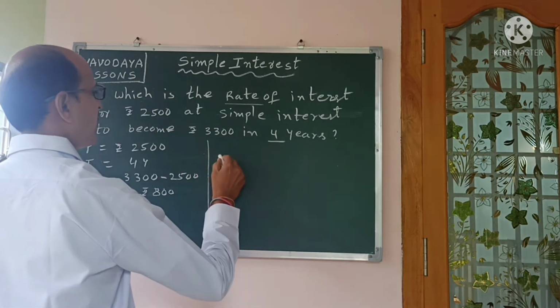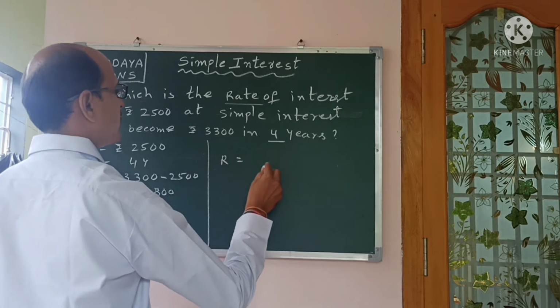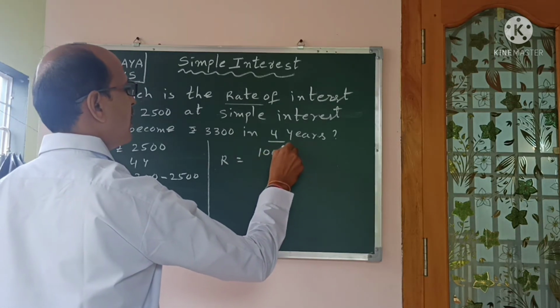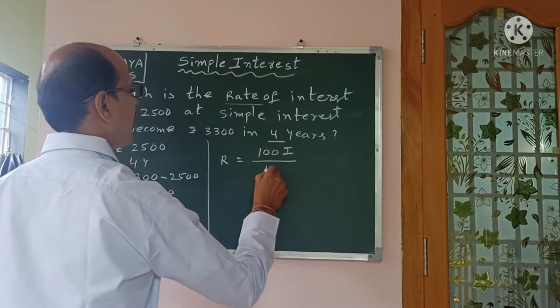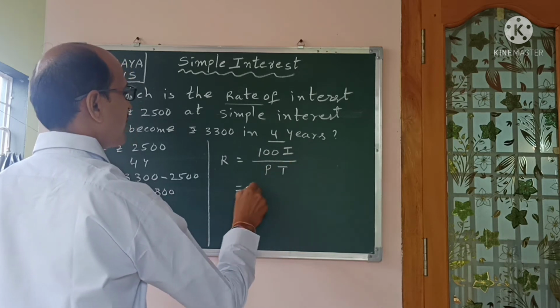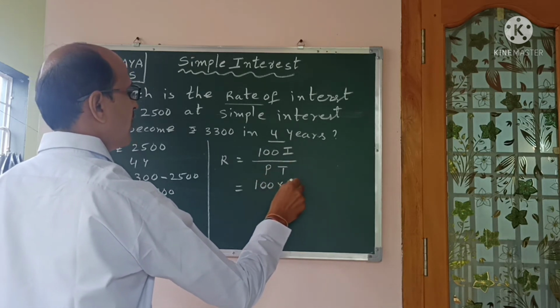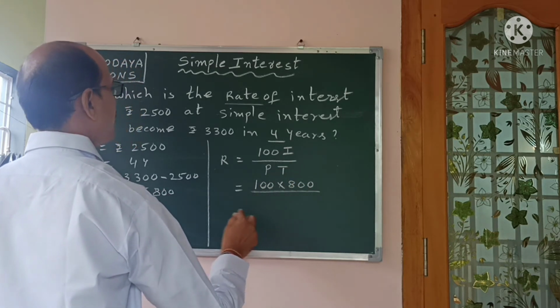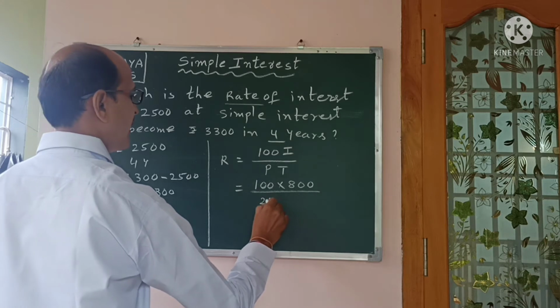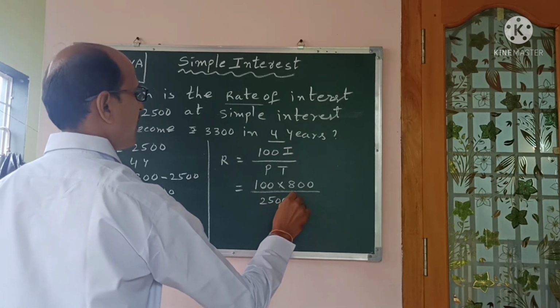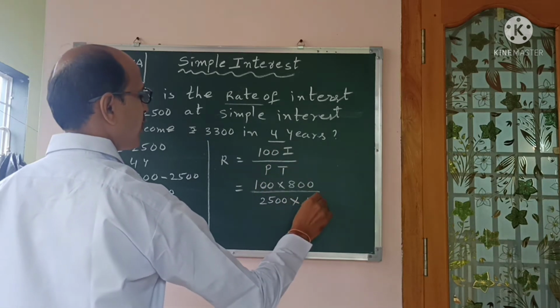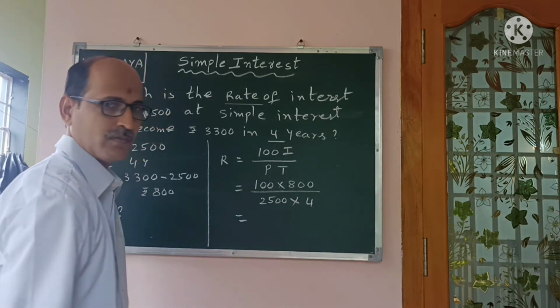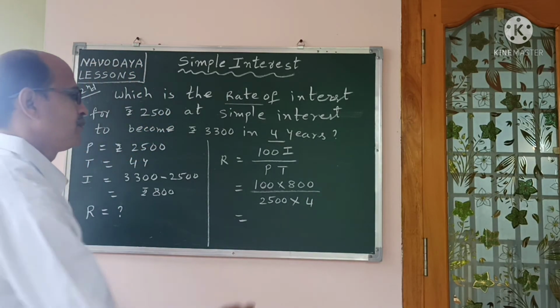What is the direct formula for R? R is equal to 100 into I by PT. 100 into I means interest 800 by P is 2500, time means 4.